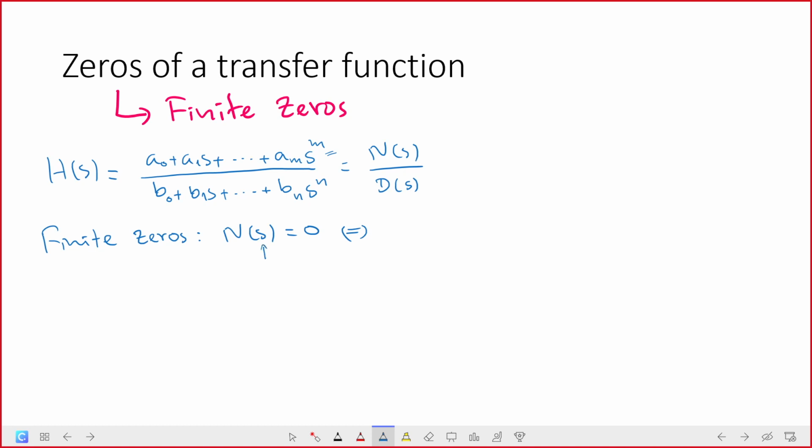So you find s from here. You have s1 equal to, let's call it minus z1. I use minus z1, it's more convenient.